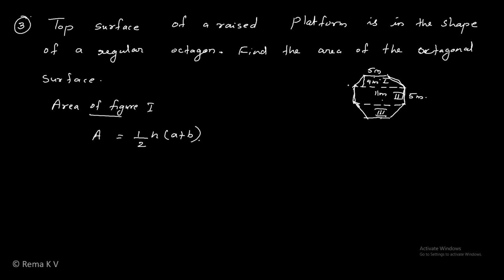So A is 5, B is 11, and h is 4. So we can find this: half into 4 into (5 plus 11). Find out the answer. Is it clear?